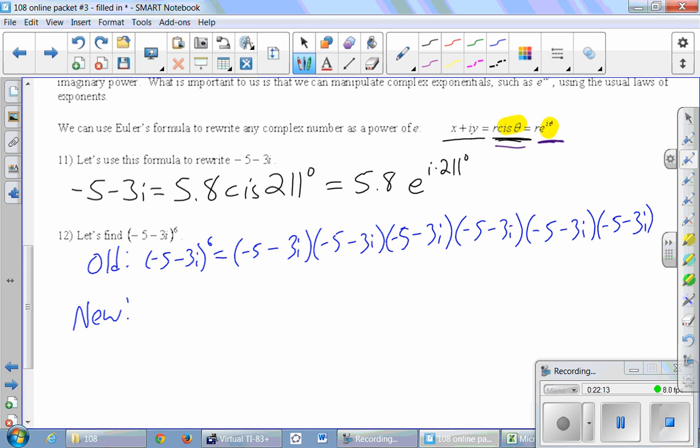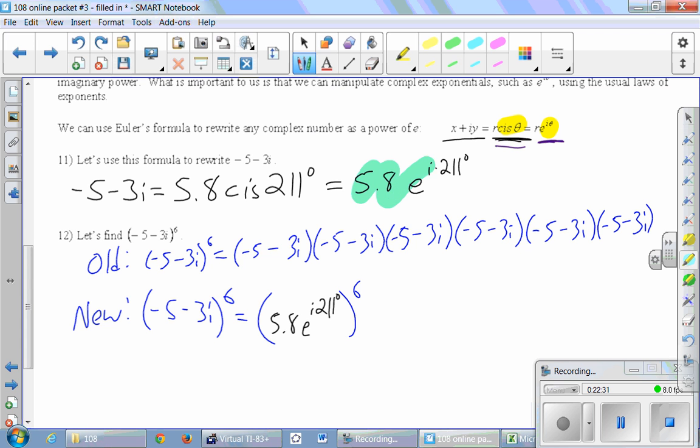Okay, so instead of doing negative 5 minus 3i and raising it to the sixth in the old way, we're going to rewrite the negative 5 minus 3i. Apparently, negative 5 minus 3i is equal to 5.8 e to the i times 211 degrees. So that's what we saw right up here, right? 5.8 e to the i times 211 is the same as that, which is now in here.